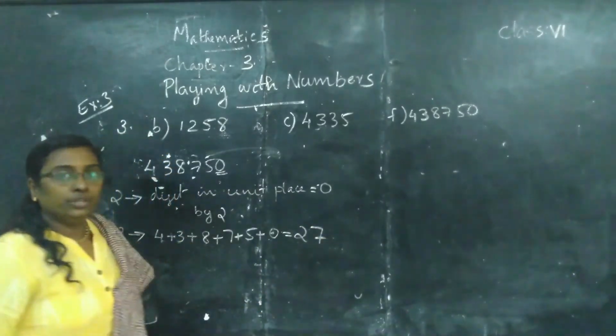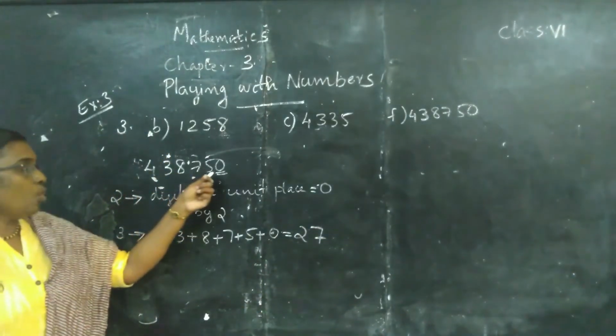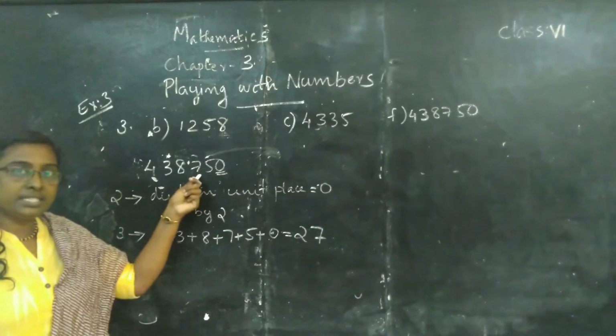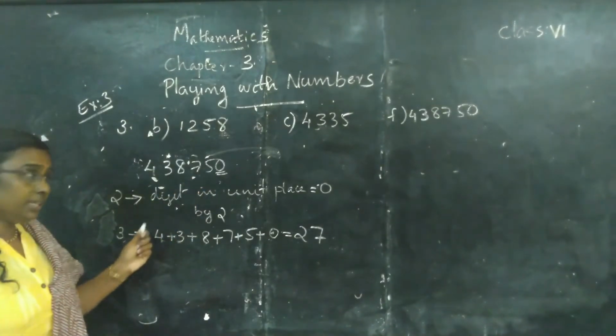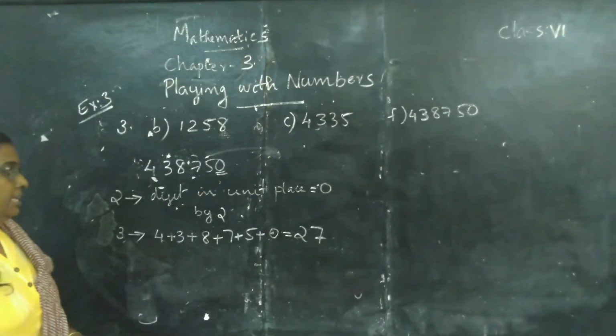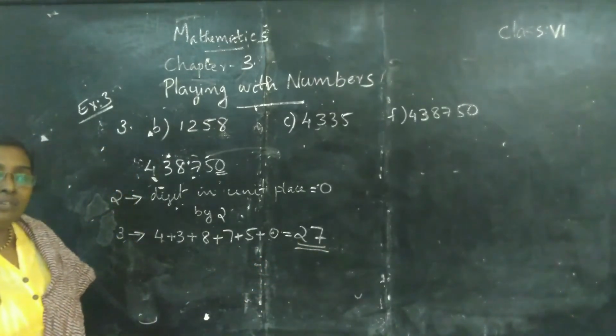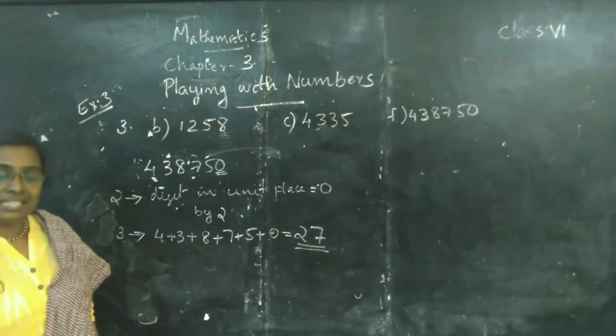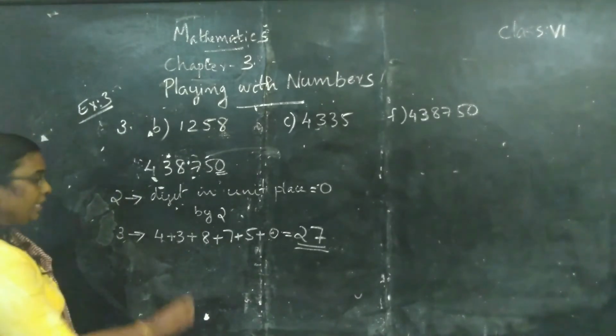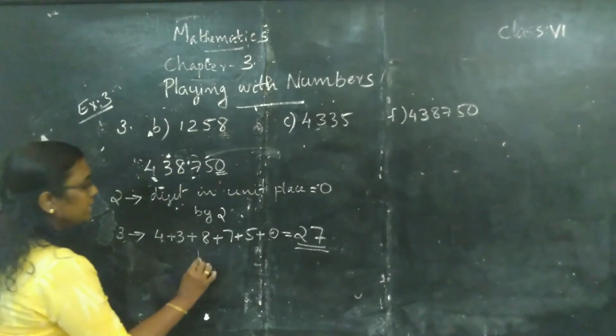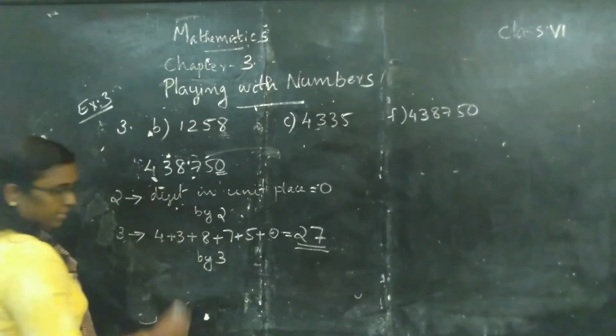The sum is 27. If the sum of digits is a multiple of 3, the given number is divisible by 3. Is 27 a multiple of 3? Yes, 27 is a multiple of 3. Therefore, this number is divisible by 3.